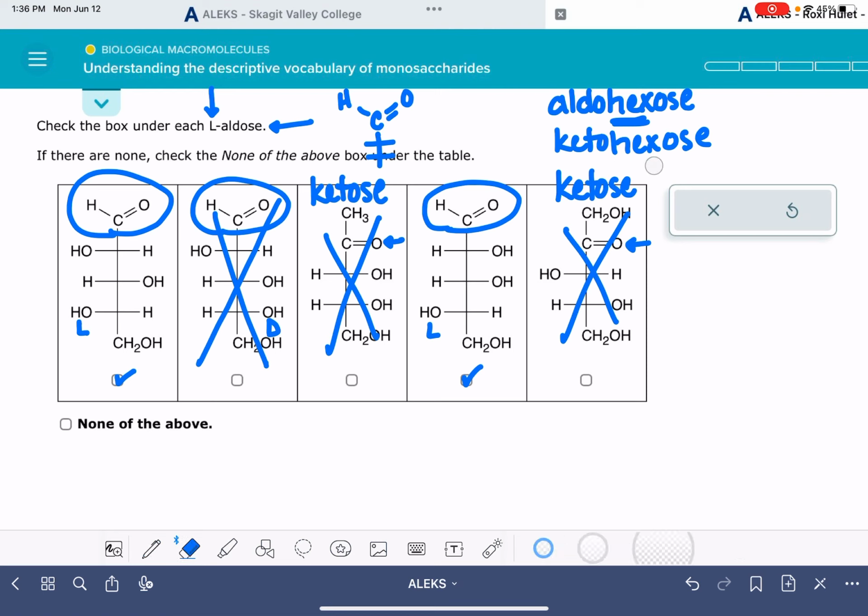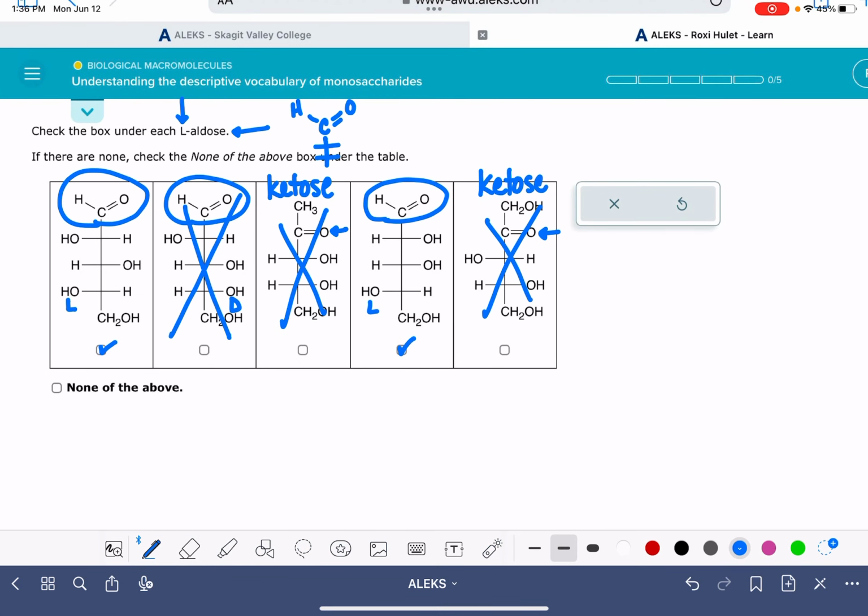If you have that extra part in there, it is going to be referring to the total number of carbon atoms in the molecule. So if you see hex, that means 6 total carbons. If you see pent, that means 5 total carbons. If you see tetra, that means 4 total carbons. If you see tri, that means 3 total carbons.